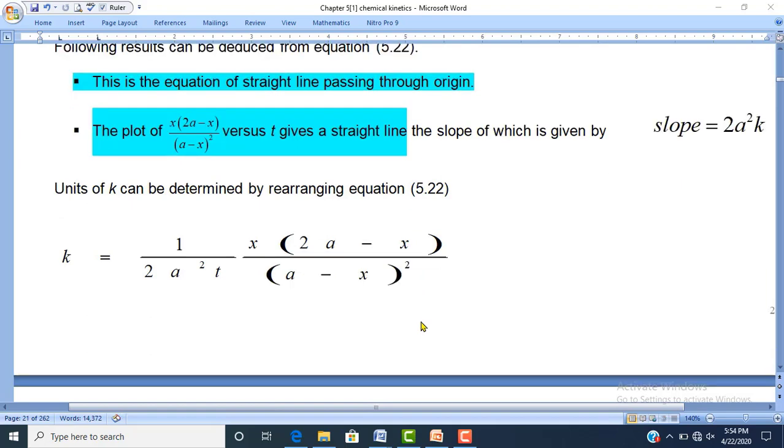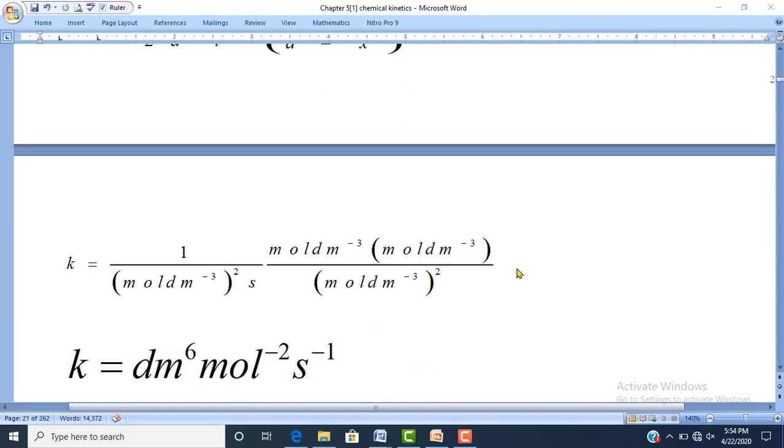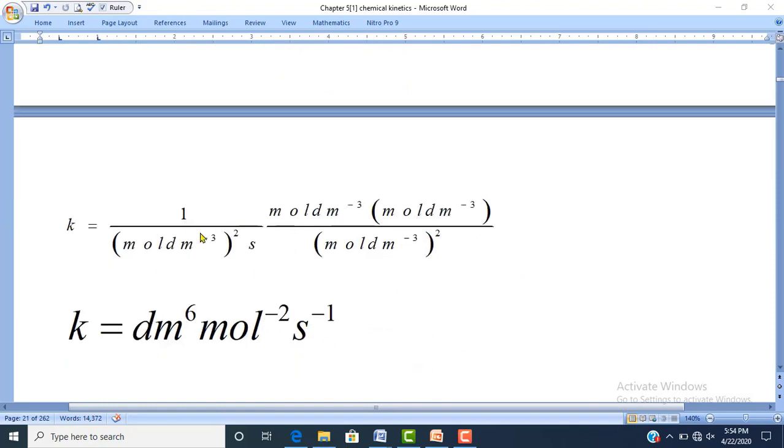So when we take the concentration of A in mole per decimeter cube, time in second, then we can apply the units in this equation as follows: 1 into mole per decimeter cube into mole per decimeter cube divided by mole per decimeter cube raised to power 2 into second into mole per decimeter cube raised to power 2.